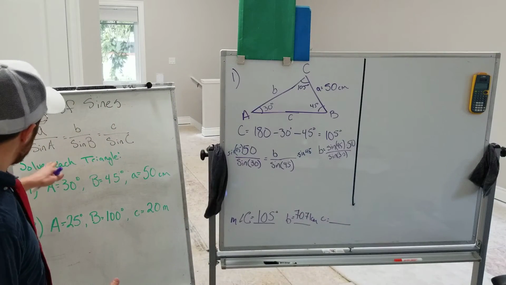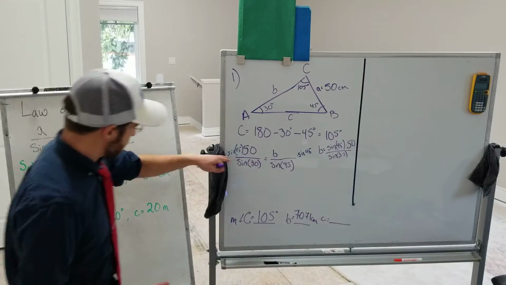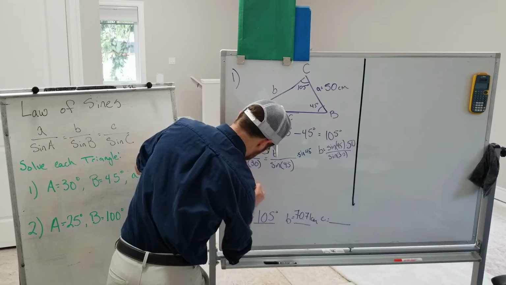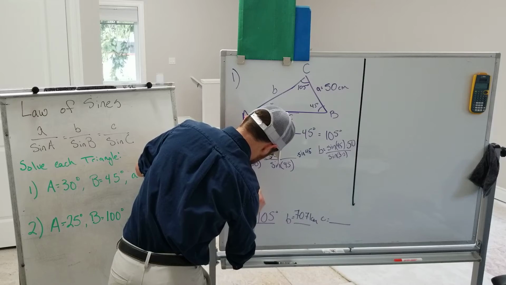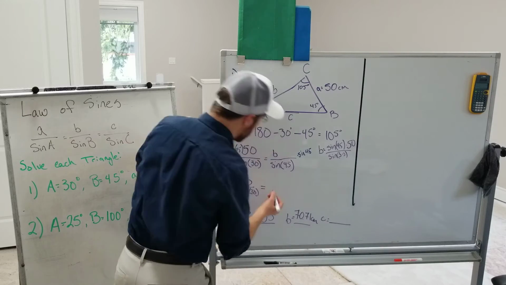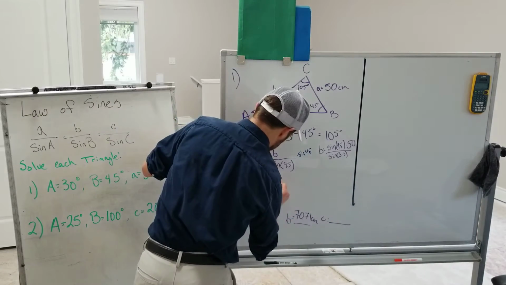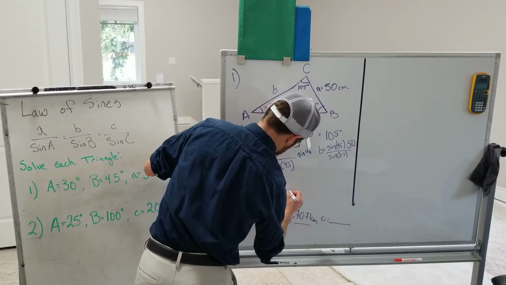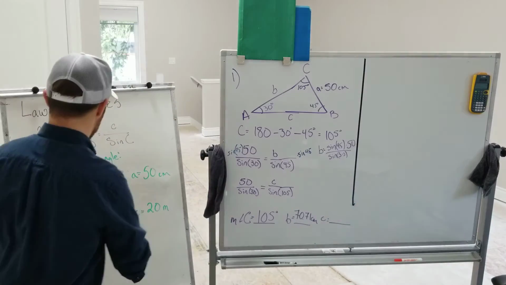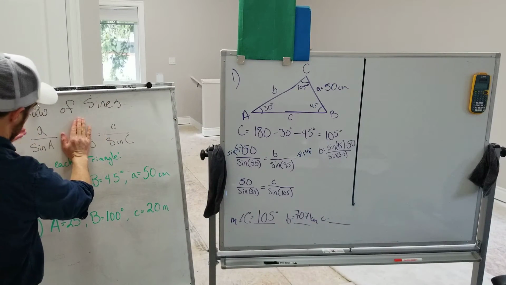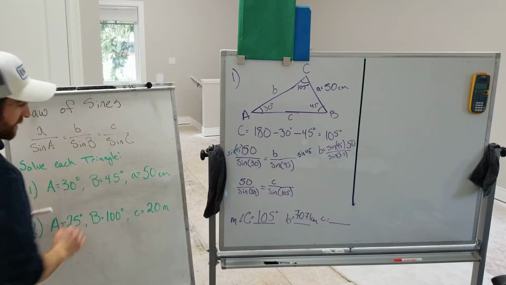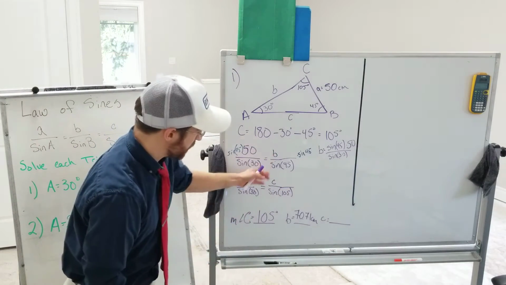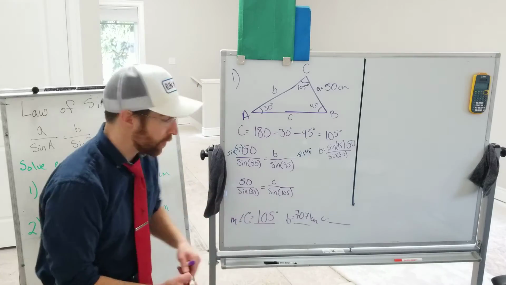So we have a over sine of A, right? That's 50 over sine of 30, equals side c divided by the sine of C. We're using this equation here: a over sine A equals c over sine C. It's the same equation except instead of b over sine 45, I have c over sine 105.